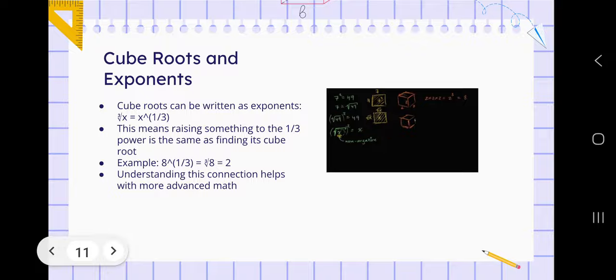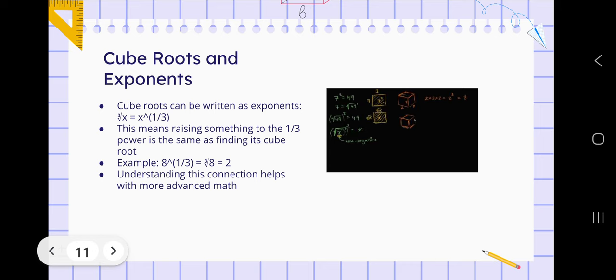Cube roots and exponents. Cube roots can be written as exponents. The cube root of x is equal to x to the power of 1/3. This means raising something to the 1/3 power is the same as finding its cube root.